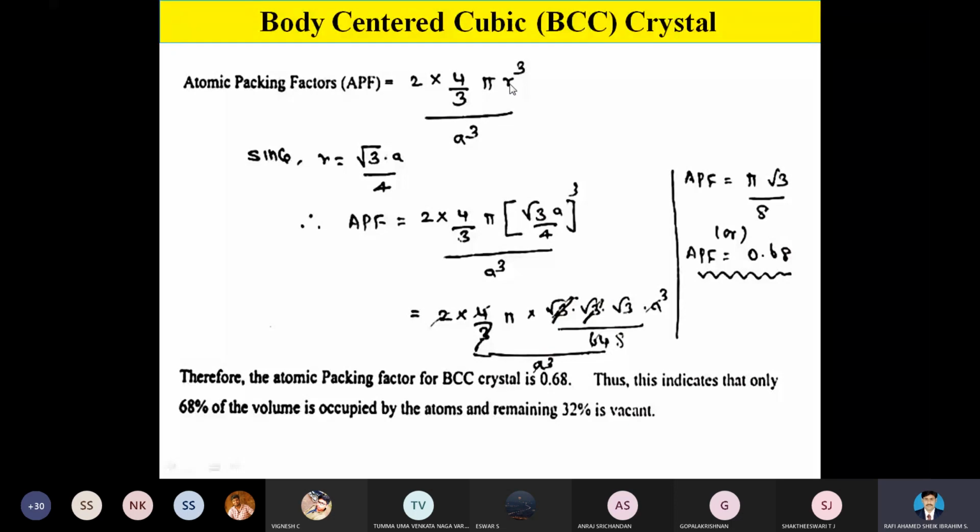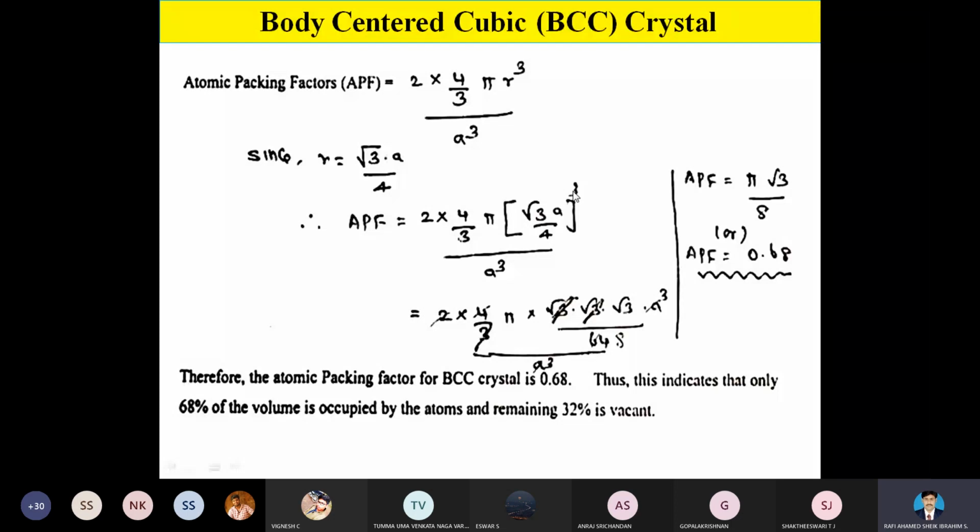Instead of r, I am writing the radius value, root 3 a by 4, the whole cube, whole divided by a cube. On further solving, I have expanded the term: 2 into 4 by 3 pi root 3 into a cube divided by 64, whole divided by a cube.